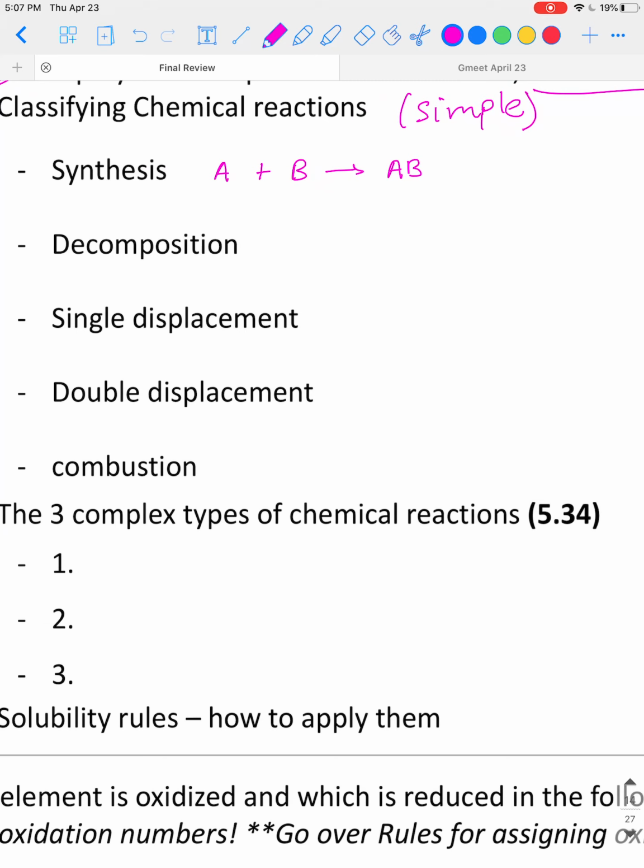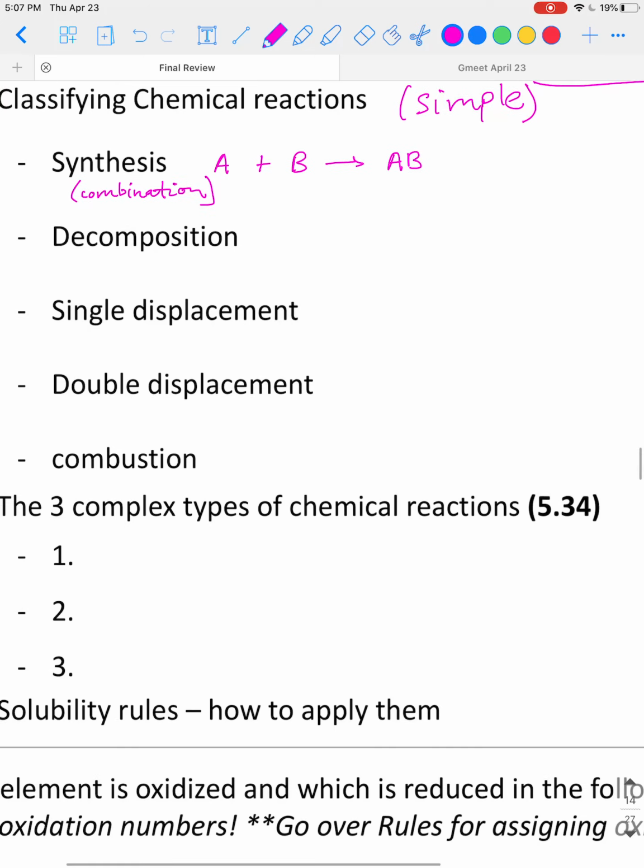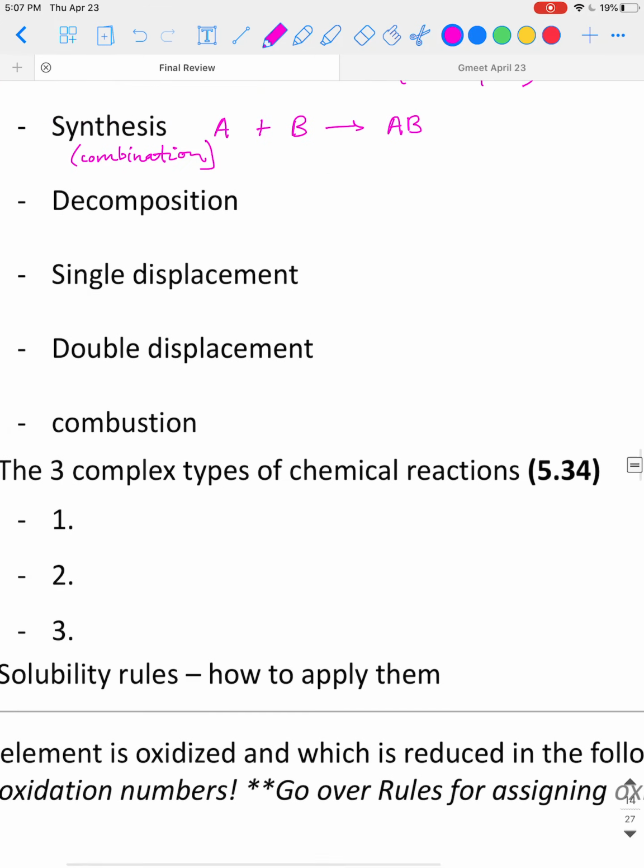Okay, that was the example there. Anytime where you have 2 or 3 reactants on your reactant side and you're forming 1 or 2 products, if you're going from more reactants to fewer products, that's a synthesis reaction, or we called this one combination as well. Both terms are acceptable.